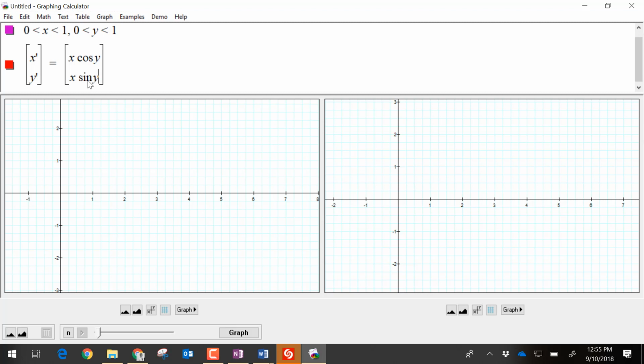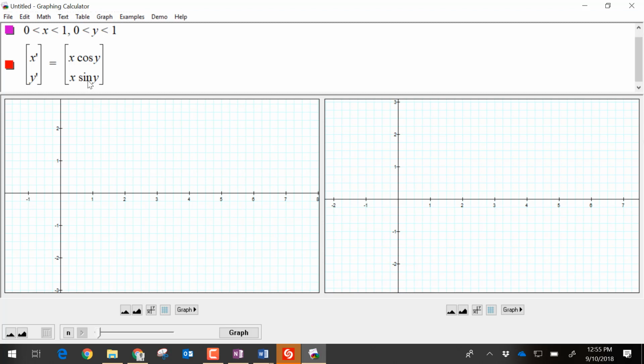Because of this particular program that I'm using, I'm kind of stuck to using x's and y's. But in other forms, you might want to take a look at this transformation as r cosine theta and r sine theta, where it takes r and theta as your input variables and then spits out an output variable.